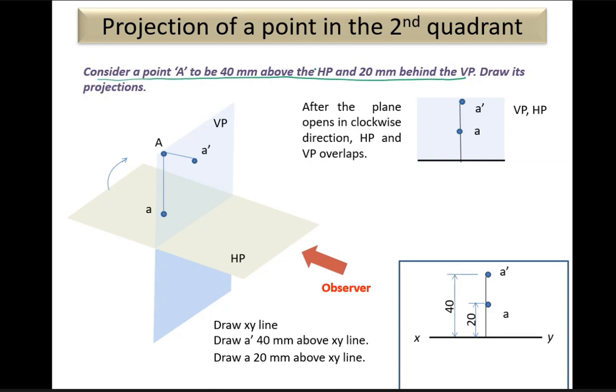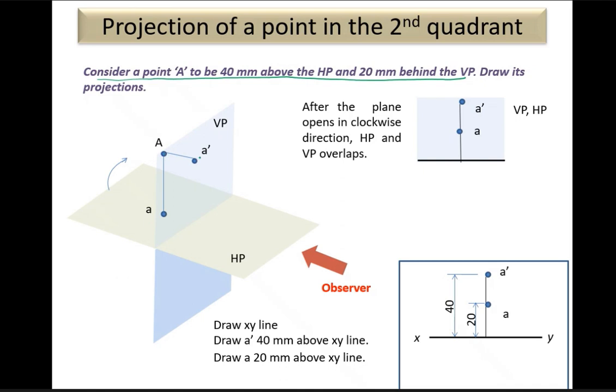Second. Okay. So for the first quadrant, it should be in front of VP and above HP. For the second quadrant, the point should be above HP and behind VP. Is it clear? Yes, sir.